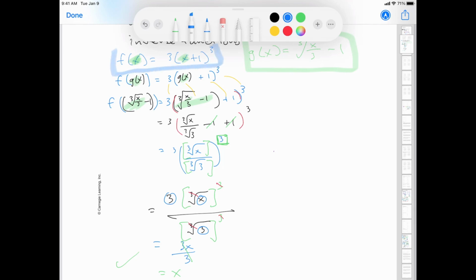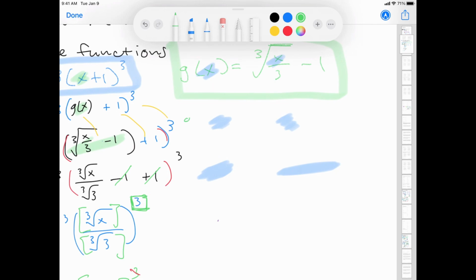Let's put in f of x now for every x value that we see. Okay? All right, let's write out our green for g of x. And we're putting in f of x.